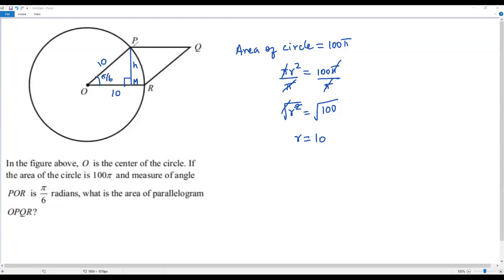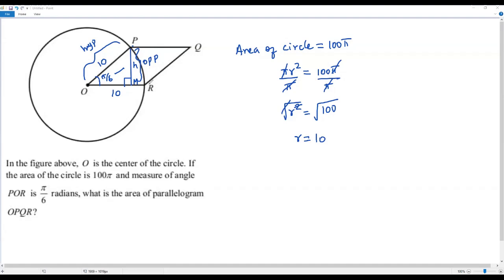Now, let's consider the right triangle POM over here. In this right triangle, let's consider the angle measure over here. The side PM, which is opposite to this angle measure, has to be considered as the opposite side, and the side OP is the hypotenuse because this is opposite to the right angle. I know the length of the hypotenuse, and I have to find the length of the opposite side, which is the value of h.